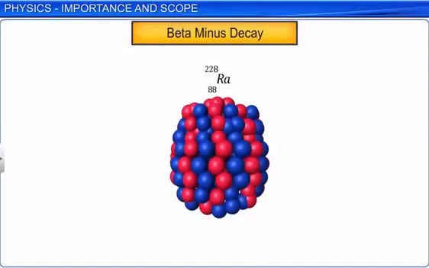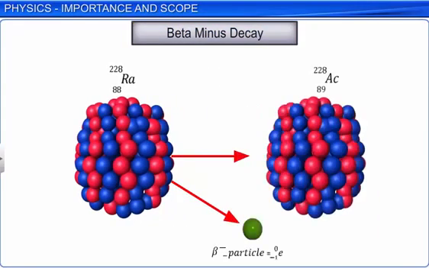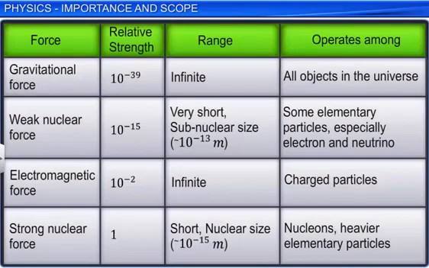Weak nuclear force comes into existence in case of beta decay of a nucleus. In beta decay, the nucleus emits an electron and an uncharged particle called neutrino. The table shows the relative strength and range of all the 4 fundamental forces of nature.